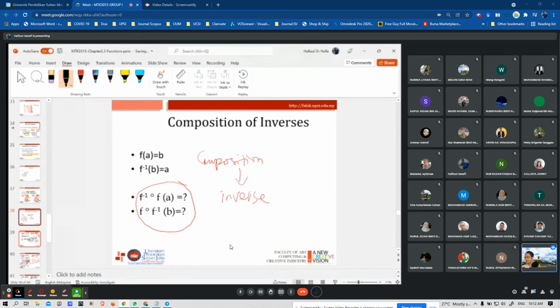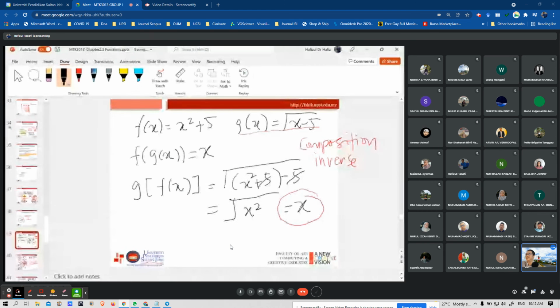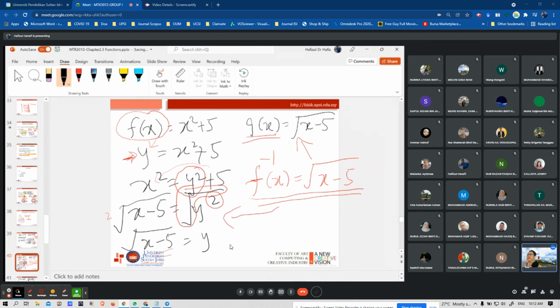Another example: we have f(x) equal to x to the power of 2 plus 5, and g(x) equal to the square root of x minus 5. Then f(g(x)) equals x, and then we replace it. g(f(x)) equals the square root of x power of 2 plus 5 minus 5, which is x. So f(x) equals x power of 2 plus 5, g(x) equals x minus 5, and we replace y equal to x power of 2 plus 5, and after that we can conclude this one is equal to y.